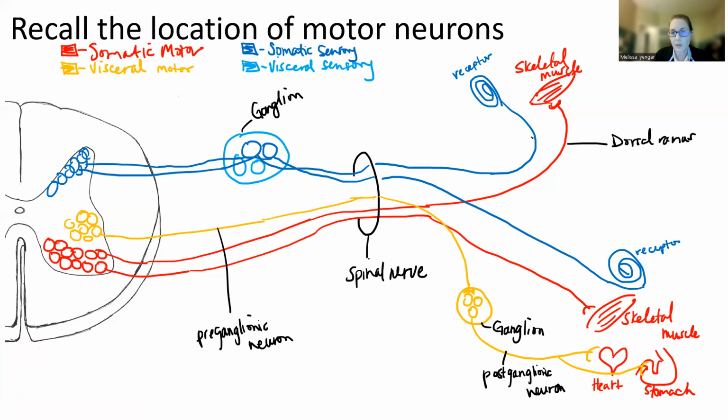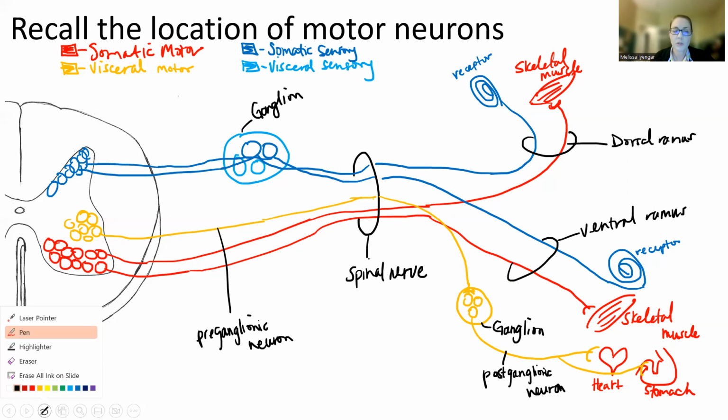One, I'm going to make these two things like that dorsal ramus, and then I'm going to make this ventral ramus. Okay, so you're probably wondering, how come you didn't make this yellow one part of the ventral ramus? It's going to sidestep that ventral ramus, and it's going to go through something else. That's the reason why.